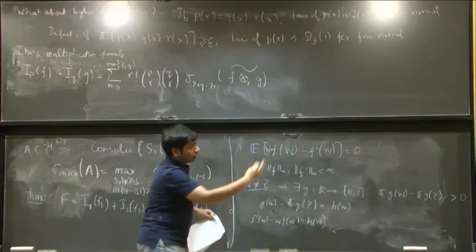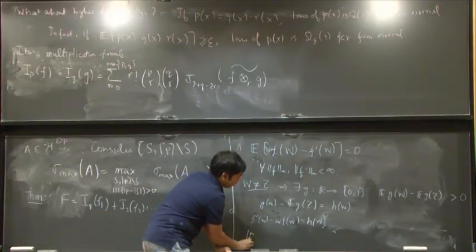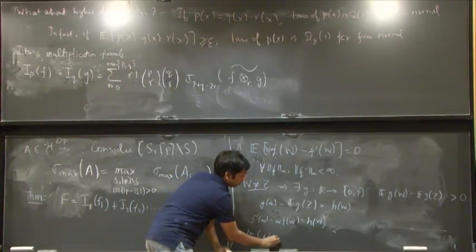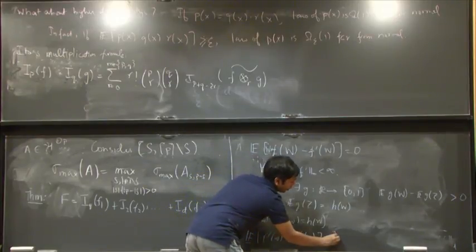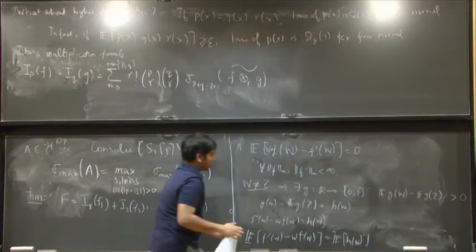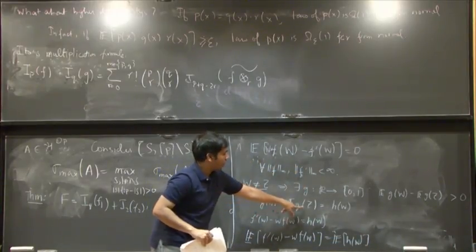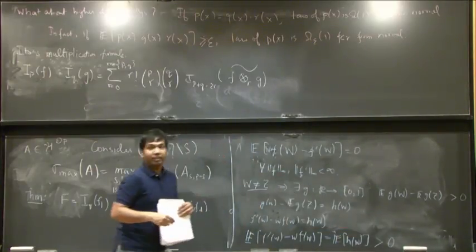So let f be that solution. Now the expectation of f prime of W minus W f of W must equal the expectation of h of W, which is the expectation of g of W minus the expectation of g of Z, which according to the hypothesis is greater than 0.